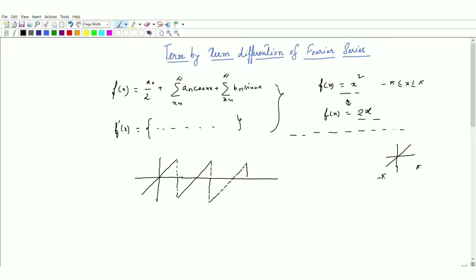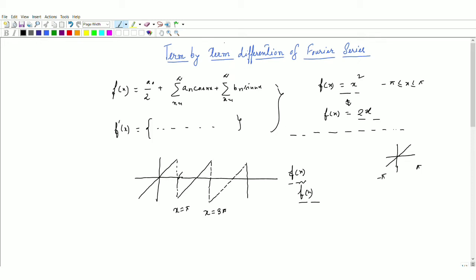If you do the periodic extension, at the point x equal to pi, x equal to 3 pi, there is a jump discontinuity, means there is a break. After periodic extension the function is not continuous. So that is the problem here. The function should be continuous after periodic extension, then only we can do the differentiation of the Fourier series of a function.